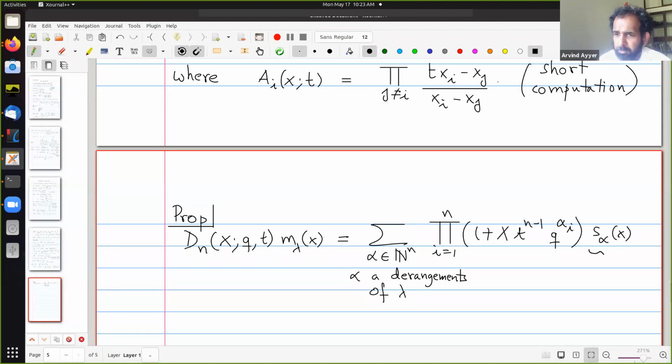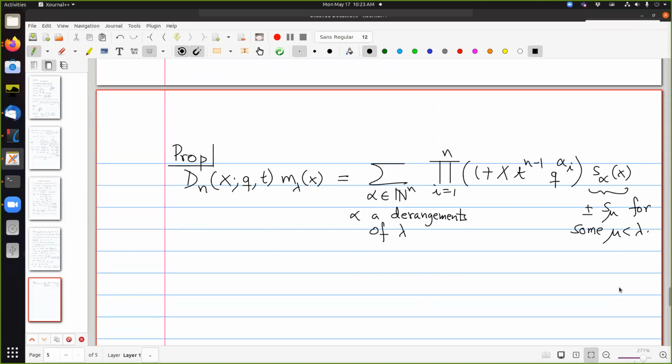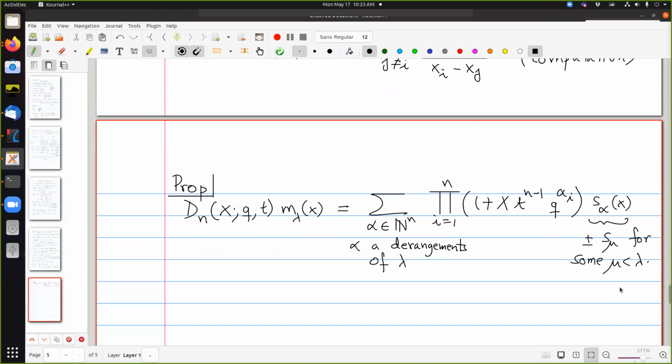Alpha is a derangement, so this is, up to sign, some Schur function for some mu less than lambda. This is a fairly involved computation, so I'm not going to do it.